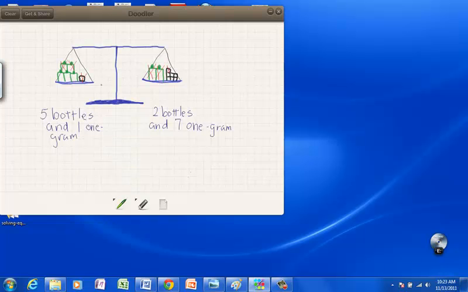So let's take a look at what we have left. Left over are 3 bottles on this side. And that balances or weighs the same as, and on this side we have 6 of the 1 gram weights.